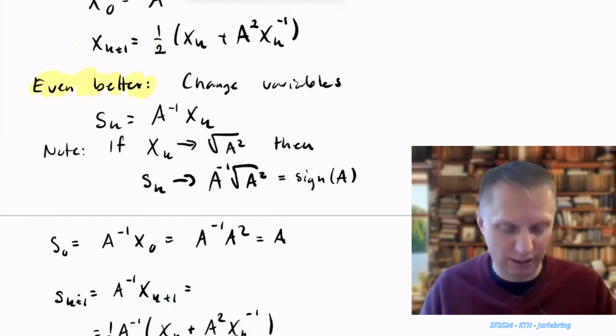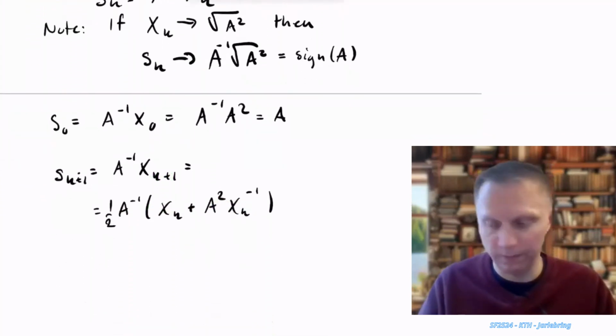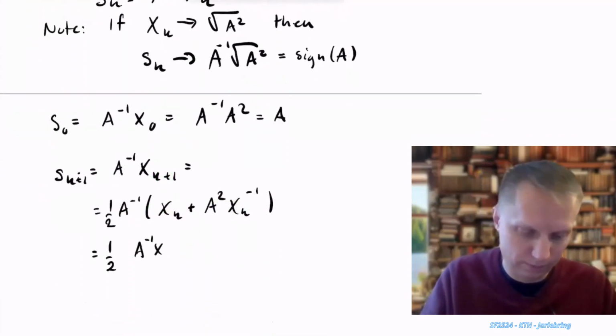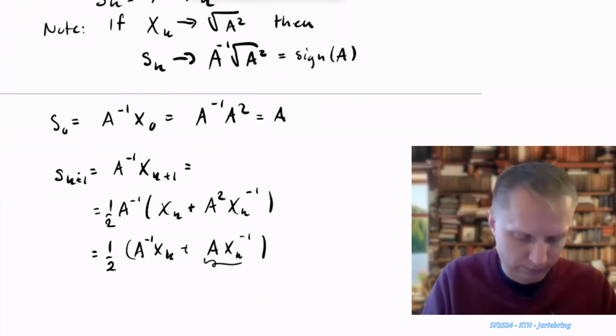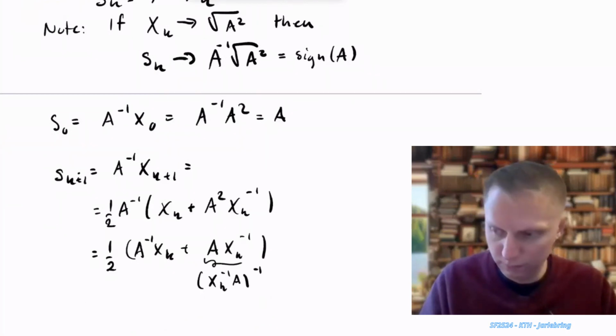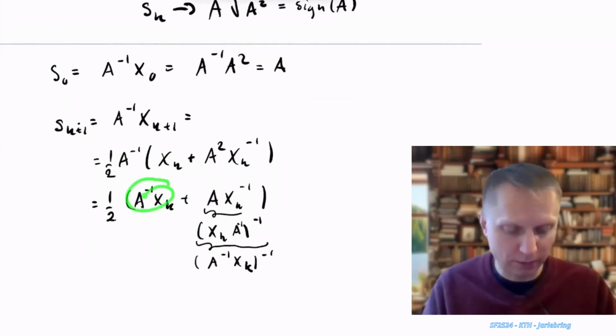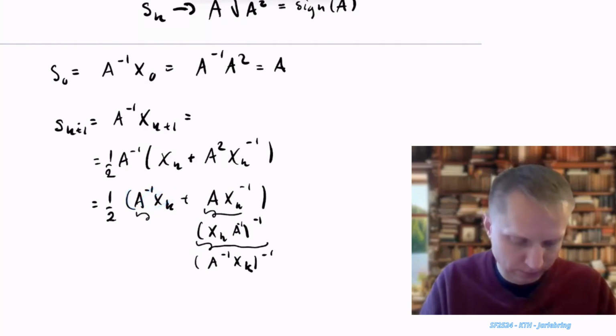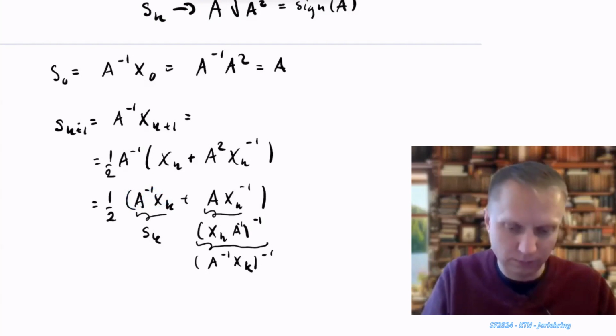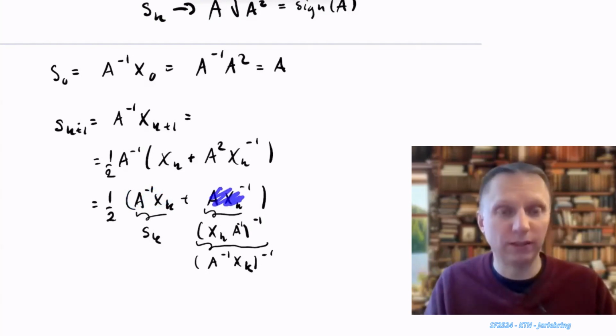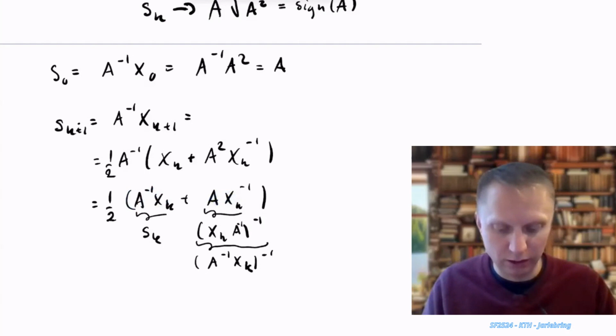And now we will see that this can be simplified even further. Our goal is to obtain something like S_k, and in fact here we already have S_k. We want to obtain something like S_k here as well, so we move in the inversion.